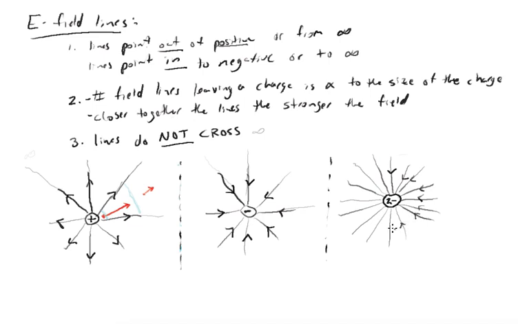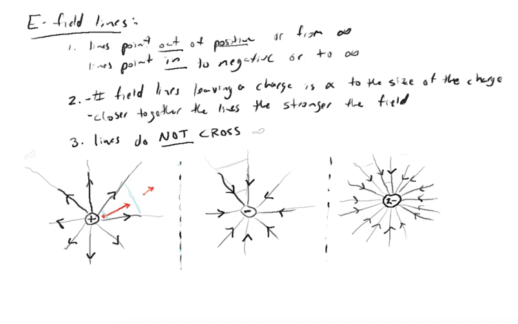So I've got to put my arrows in. Okay, so these all are pointed into this negative charge. But if you look, the distance between the lines here is less than the distance between the lines here. These get very far apart. These aren't as far apart. All right, so this shows twice as much field due to twice as much charge.